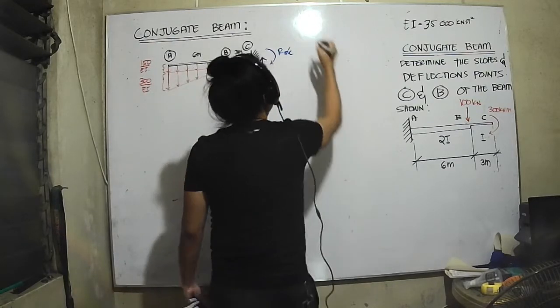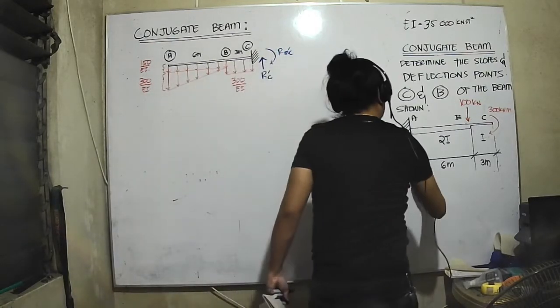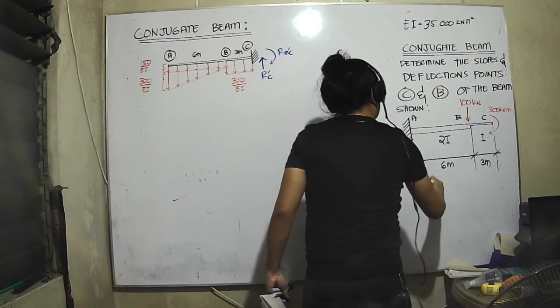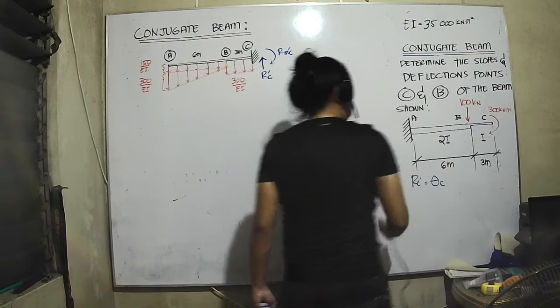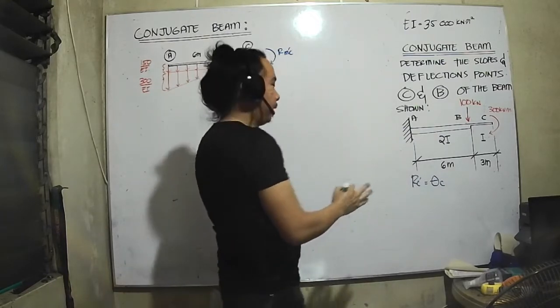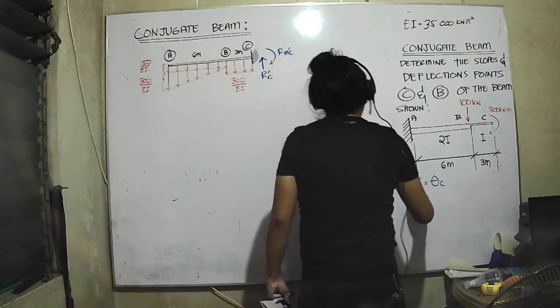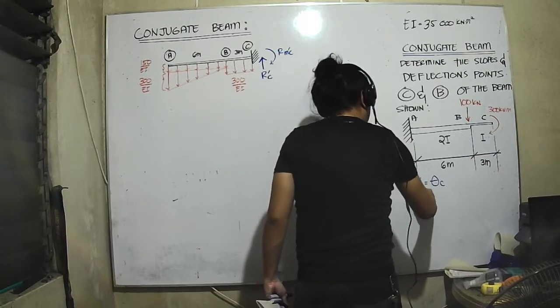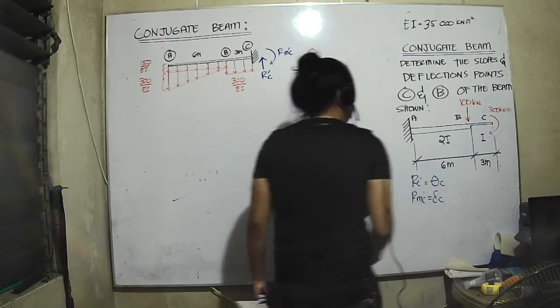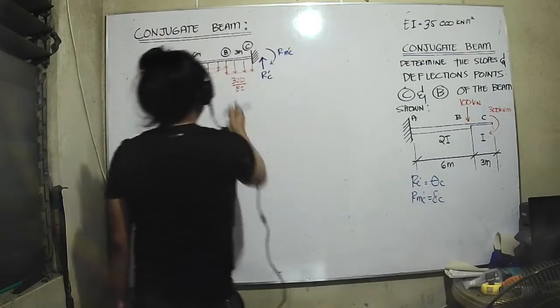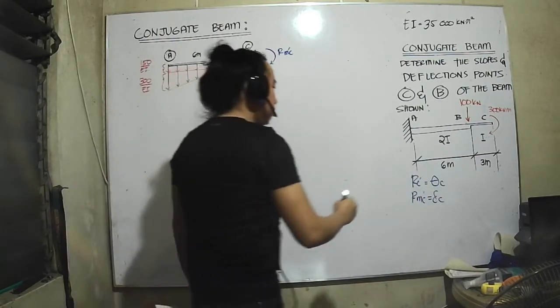In which case, our RC prime is equal to the slope at C, and our RMC prime is equal to the deflection at C. If we cut here, it will reveal our shear.